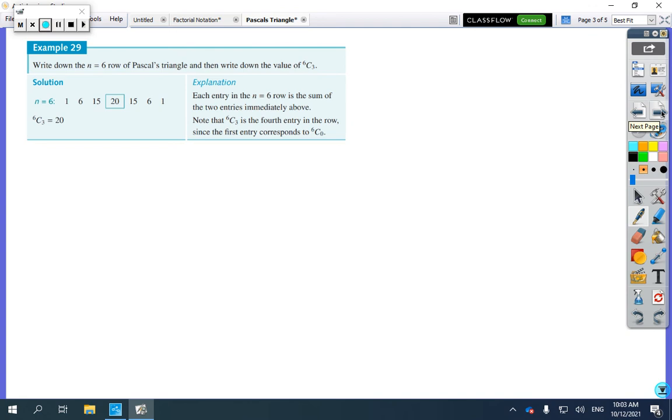Okay, so we're looking at how to generate Pascal's triangle without actually generating the whole triangle. For instance, write down the 6th line of Pascal's triangle. Well, we know that 6 will be the top number, and the bottom starts off at 0, and then it just keeps progressing until you get to the same number top and bottom.